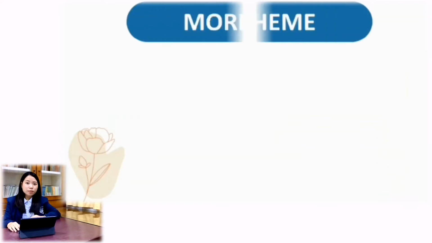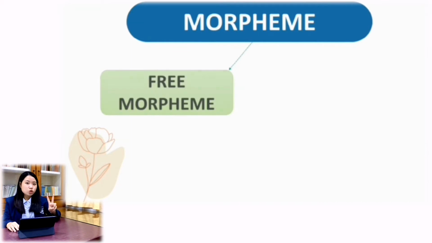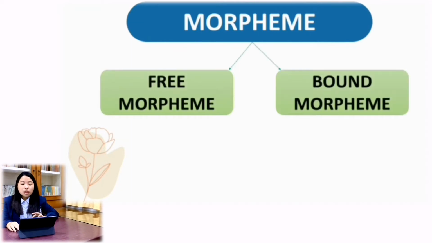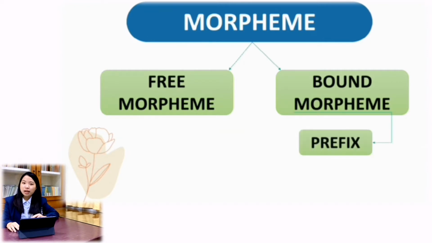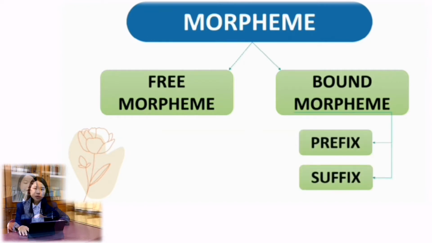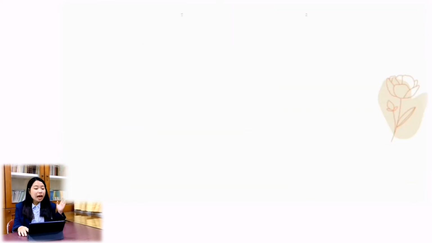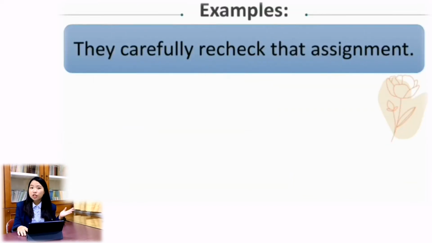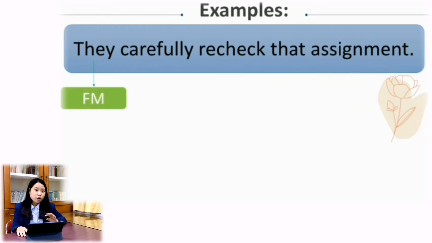Next is morpheme. Morphemes are divided into two: free morpheme and bound morpheme. A bound morpheme needs the presence of a prefix or suffix. For example, "They carefully recheck that assignment." We can say that "that" is a free morpheme because it can stand by itself.